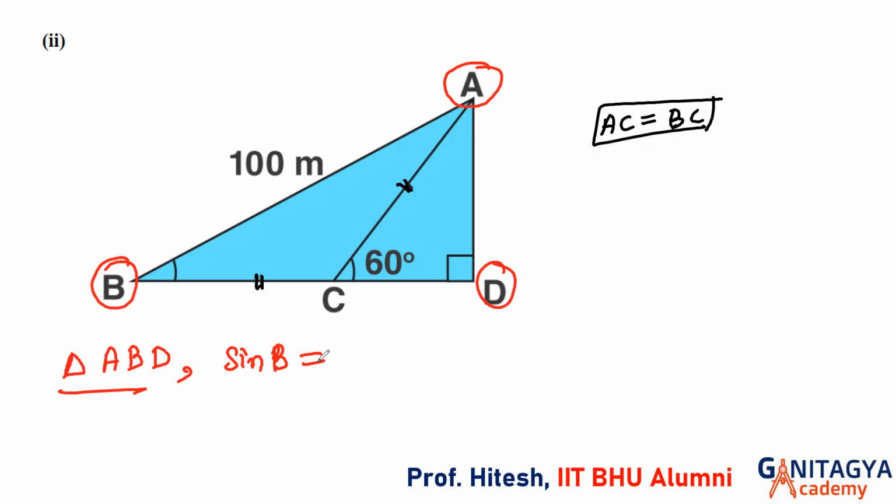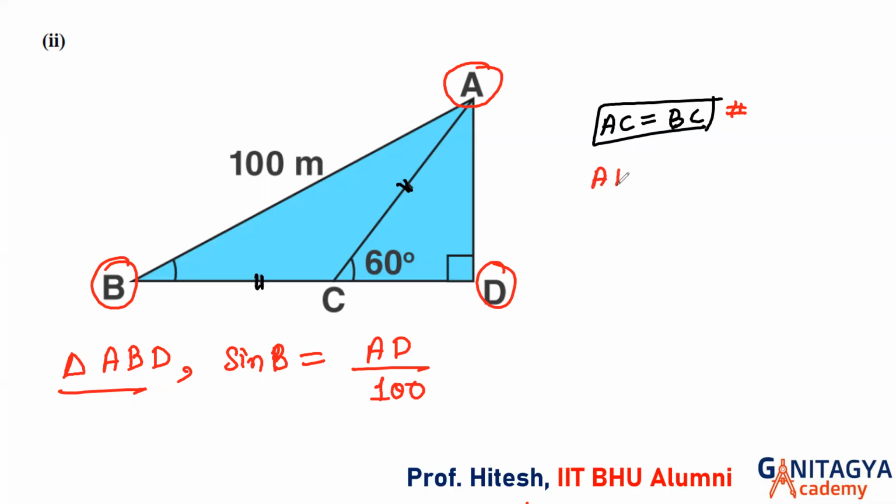Sine B is equal to AD upon 100. Understood? AD upon 100. This is very much clear. Now, if I could be able to find angle B, then my problem will be solved. Understood? This is not required here, but you must know.